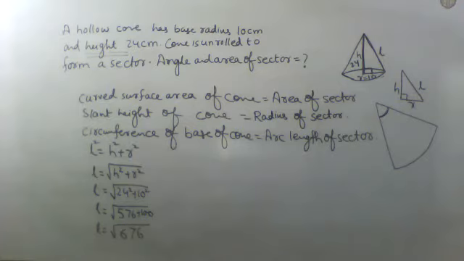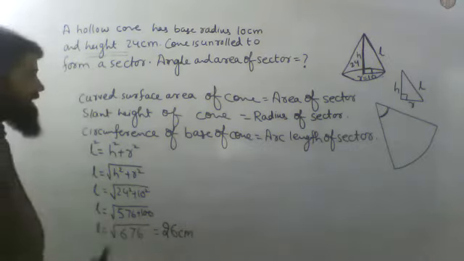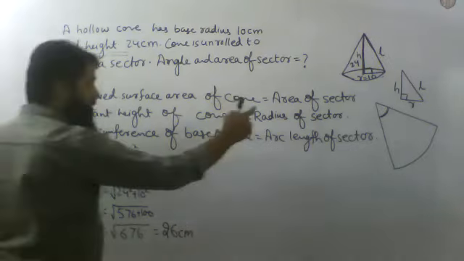So when you are going to simplify it, the answer of L is coming 26 centimeter, and this 26 centimeter will be the radius of the sector. Okay, this is the first thing I have found.